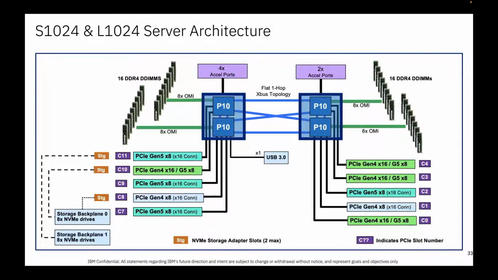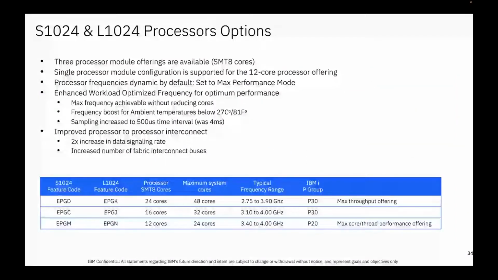We see again, we're bringing along 5 more slots. Less concern, we still need those slots for NVMe, but there's more and more availability for MEX drawers. So we can do 2 full MEX drawers off this guy. We have 3 processor options, a 12, a 16, and a 24, which takes us for a system total of 24, 32, and 48, as we said. We have different focuses for what we're trying to do.